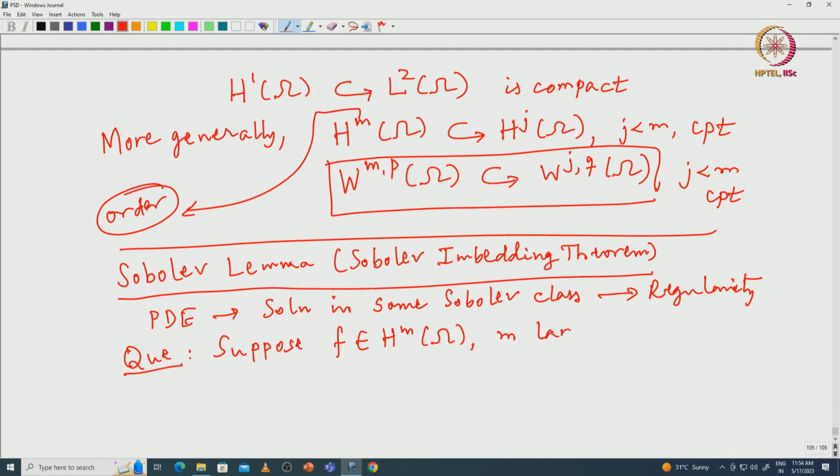How large, we will study in this lemma. Does that imply f is continuous, or more smooth, differentiable, etc.? That is the question.